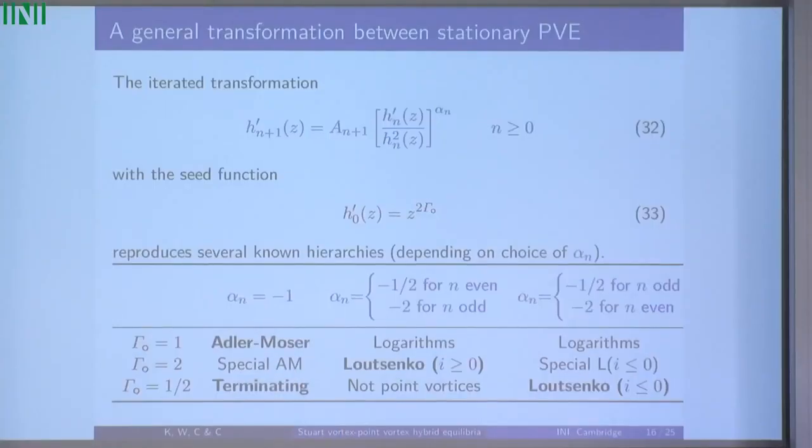But it's also a generalization because it can reproduce these other hierarchies. And there are other values that you can take. Gamma naught is half and alpha n is minus 1 ends up in a finite length hierarchy, a terminating one. I'll show examples of all of these shortly. If you do others, you end up either with special cases of these, or with some logarithms or not point vortices and so on. It's not random; there's a pattern.